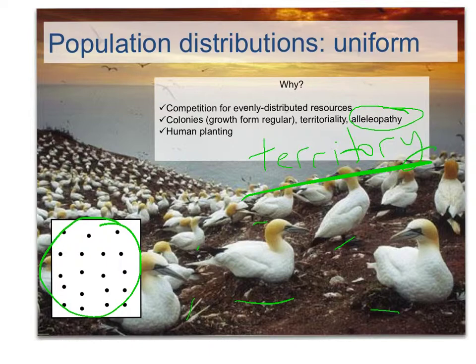We'll talk more about those later, but chemicals produced by plants can actually be harmful to other plants. They basically produce these herbicides, compounds that keep other plants from growing near them. And obviously humans often plant plants in very regular rows, like corn rows.